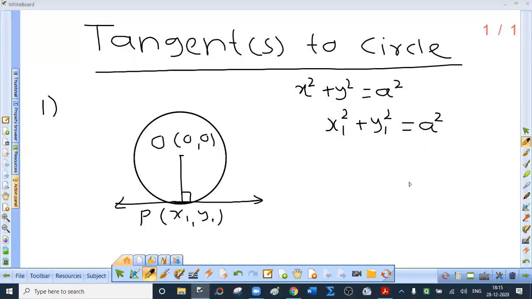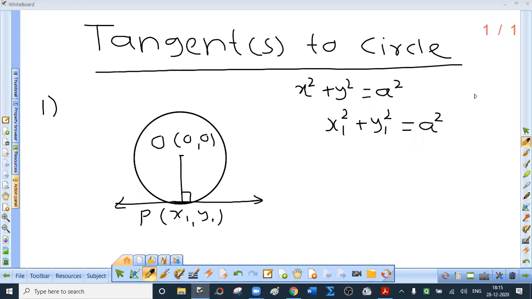Now we discuss tangency in the case of a circle. So again 4 points we are going to discuss, of course one by one. First part, equation of tangent to the circle at a point (x1, y1) on the circle. We are going to consider two circles. This is the standard circle and the second one is the general circle. In the second part, we will find the condition that line y equal to mx plus c may be tangent to this standard circle only. In that case, we will not consider the general circle.